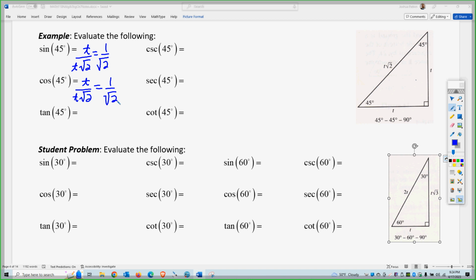Well, it won't matter because in both cases, whether you use this 45 or this 45, the adjacent and the hypotenuse are both t. And then adjacent over hypotenuse are both t in this case, so I get 1 over 1. So if I reciprocate these, I get 1 over 1, root 2 over 1, and root 2 over 1.